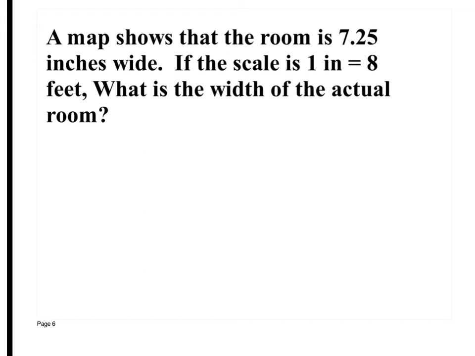This one, you're going to find the width of the actual room. So again, we go model over actual. The model, or the scale, is 1 inch. The actual is 8. So the scale of model to actual is 1 over 8.